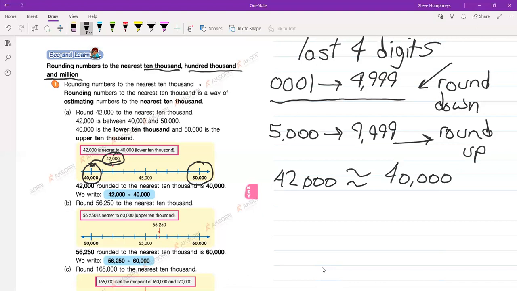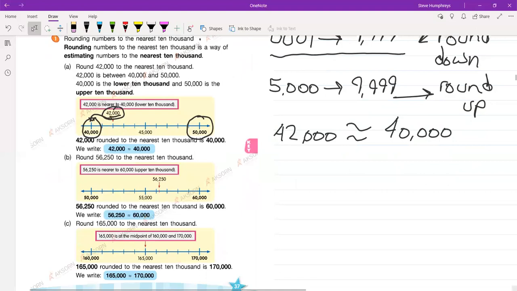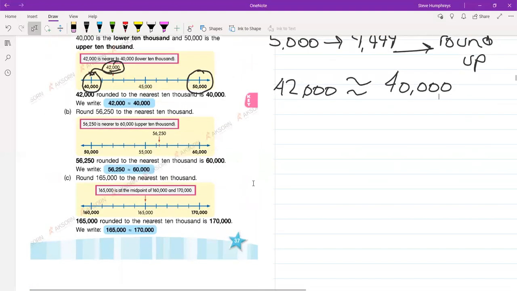Okay? Right, what's the next example they give? Just need to think a little more carefully about these bigger numbers. Okay, the number they give us here, 56,250.